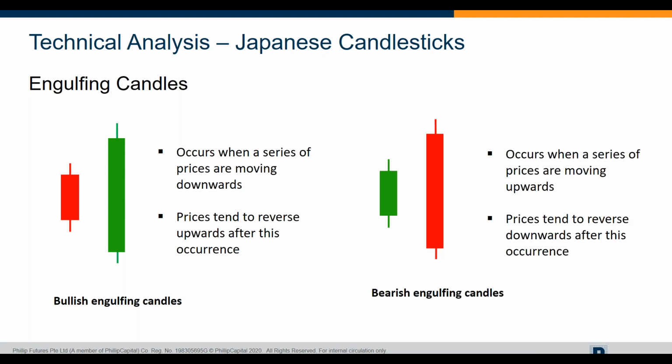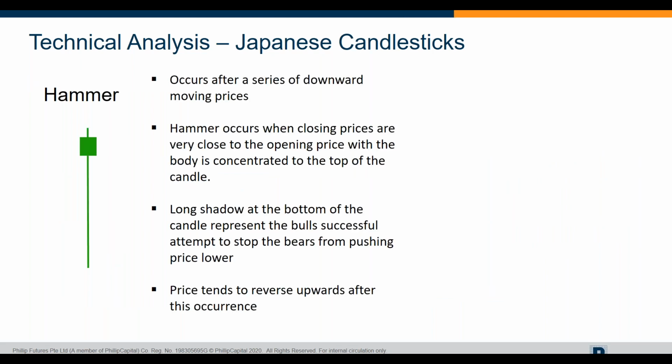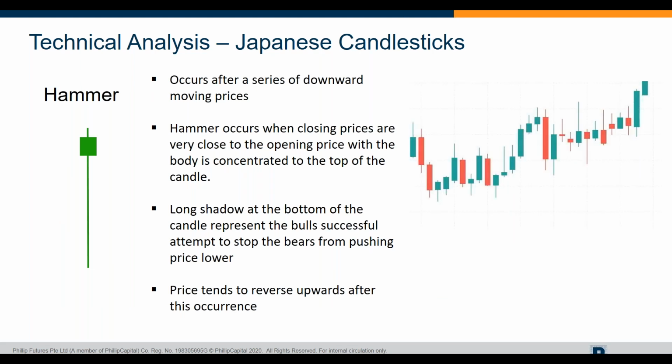The opposite, the bearish engulfing candle, occurs when the price has been moving up. Then there's this bearish engulfing candle where the first candle went up, but the second candle totally engulfed the previous candle in a different direction. So in this case of a bearish engulfing candle, we can expect the price to reverse downwards after this occurrence. Okay, a hammer.